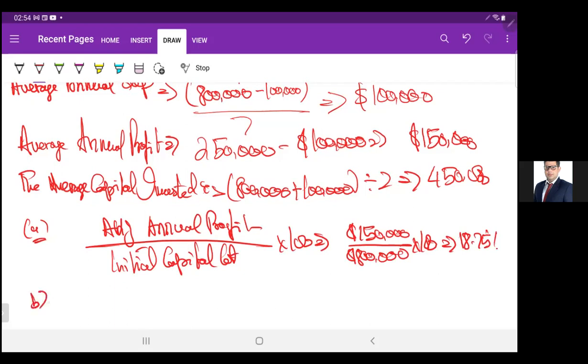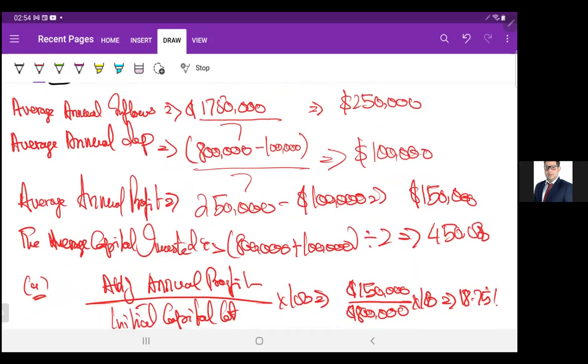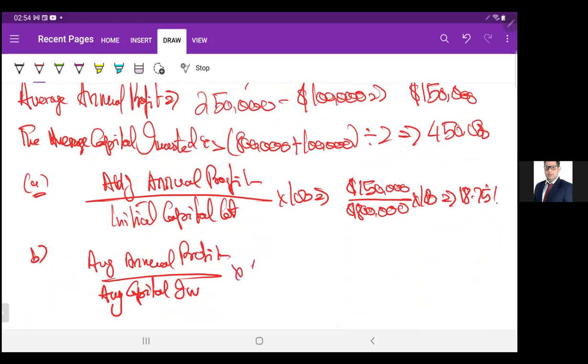With B part, average annual profit divided by average capital investment, multiplied by 100.